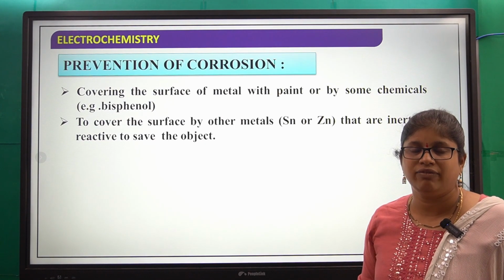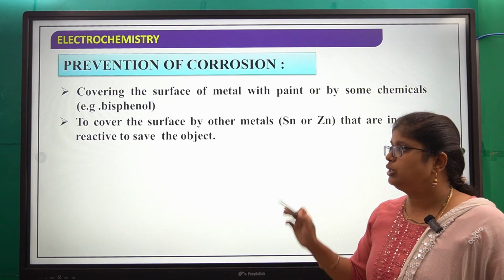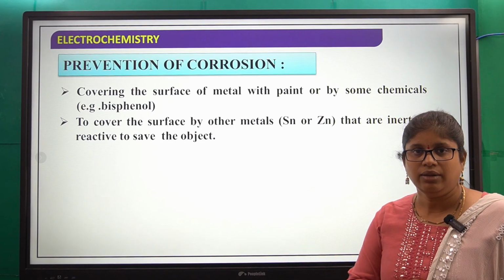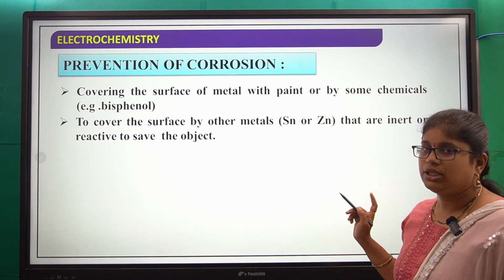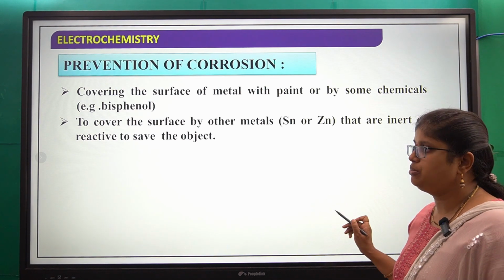They won't react with any other substance. That's why we cover the iron surface with metals like tin and zinc. This process is called the galvanization process.